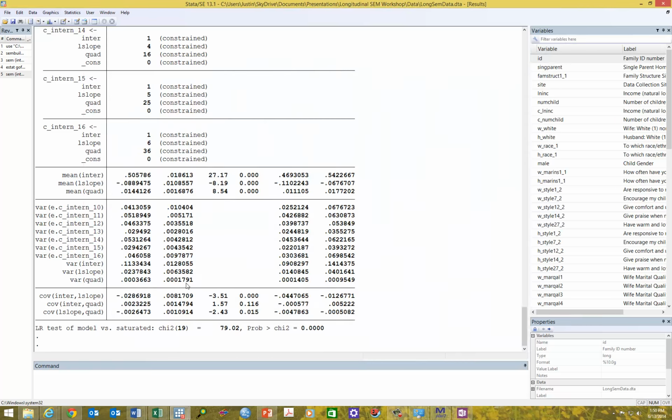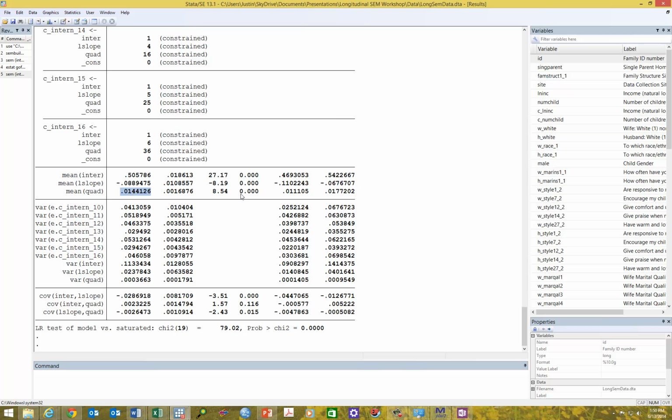Now you'll see we have our mean intercept, linear slope, and quadratic slope. Notice that this intercept is the same as it was before, but our linear slope is actually quite a bit different. It's significantly larger, and it is significant. So there's a significant linear slope, and with our added term, there's also a significant quadratic slope. So when we added in the quadratic term, it changed our model estimates quite substantially.